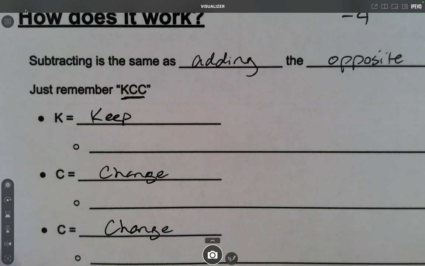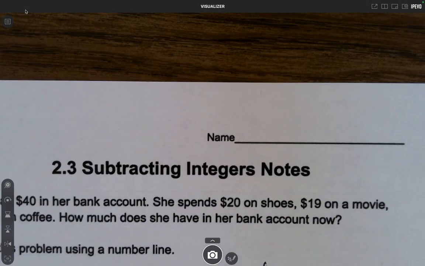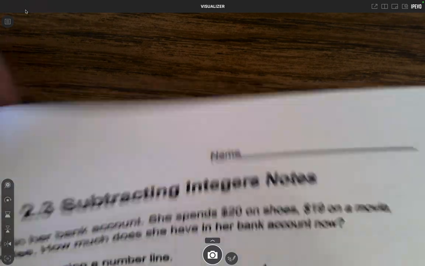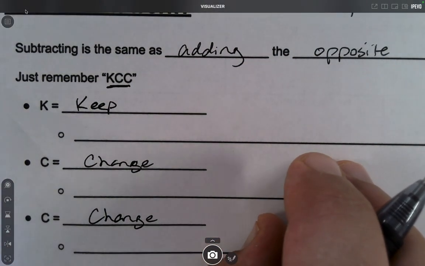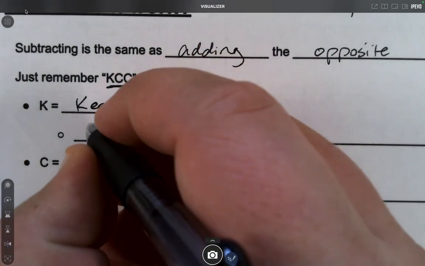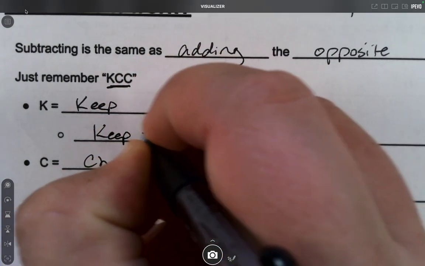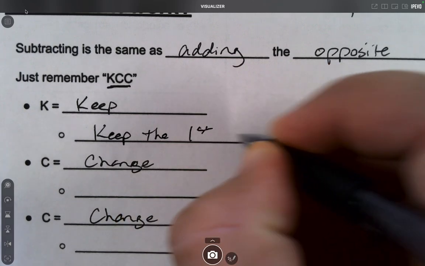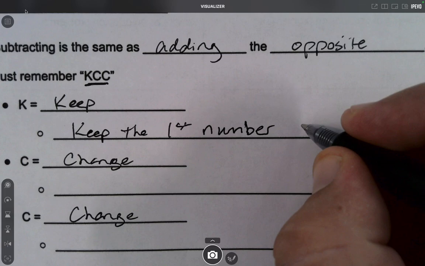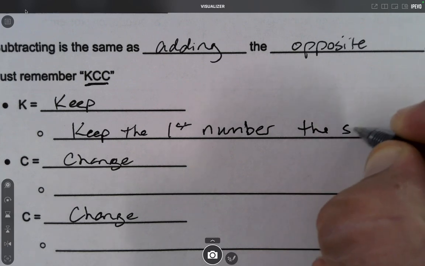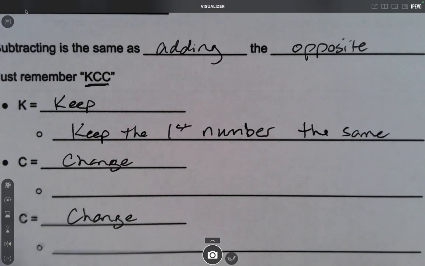Do not try to use this for addition. This is the subtraction lesson, so only use it for subtracting. The keep means keep the first number the same. If I write too fast, feel free to hit pause so you can copy it once I finish. So don't change the first number.